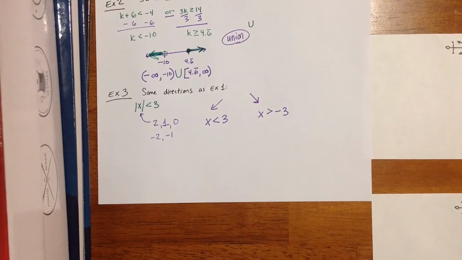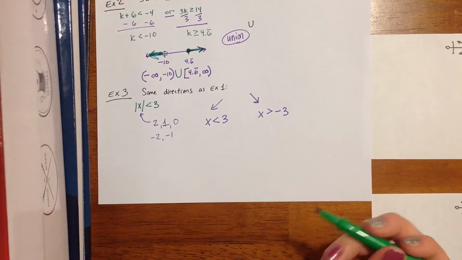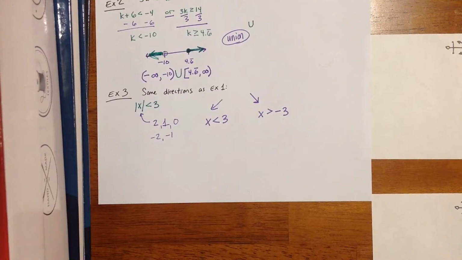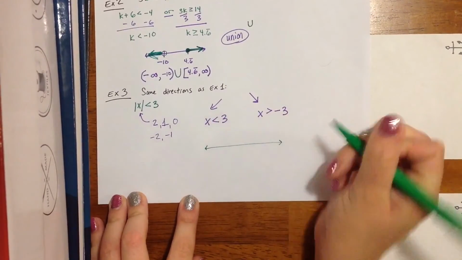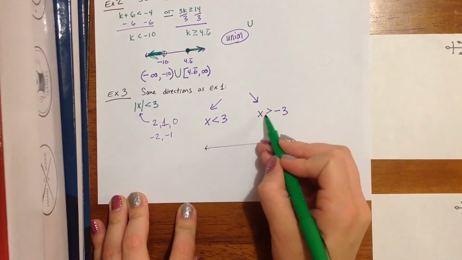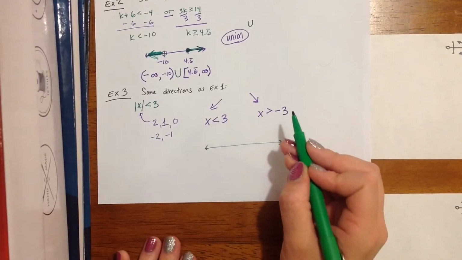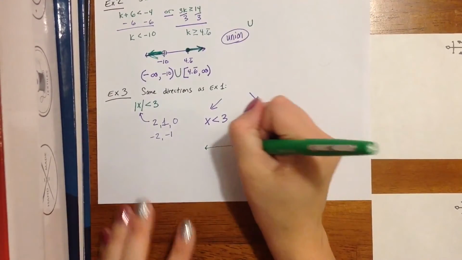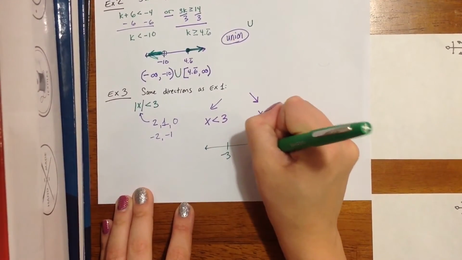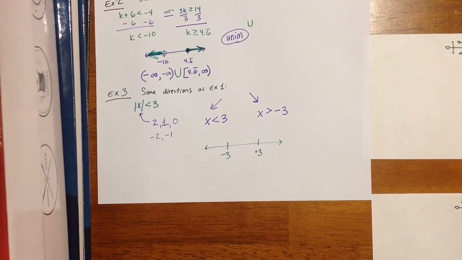We solved both of these, but this one's pretty easy. So we are just going to graph this on a number line to show what it looks like. So I am working with less than 3, but greater than, not greater than or equal to, negative 3. So negative 3 and positive 3 are my important numbers here.